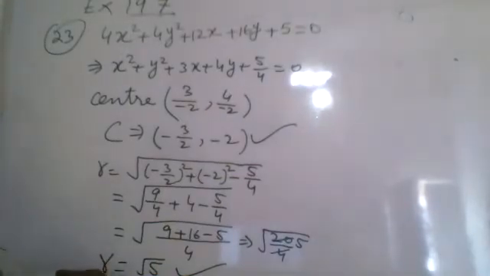If r is equal to 0, it will be a point circle. If r is under root of a negative number, if r is an imaginary number, then it will be an imaginary circle.